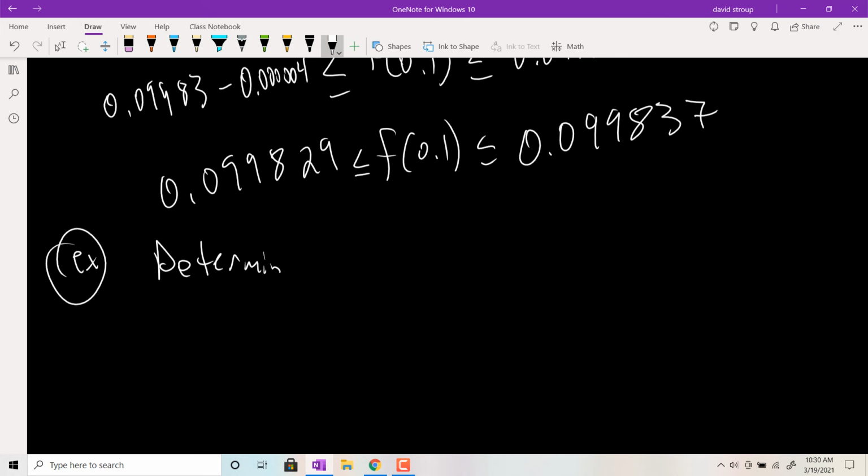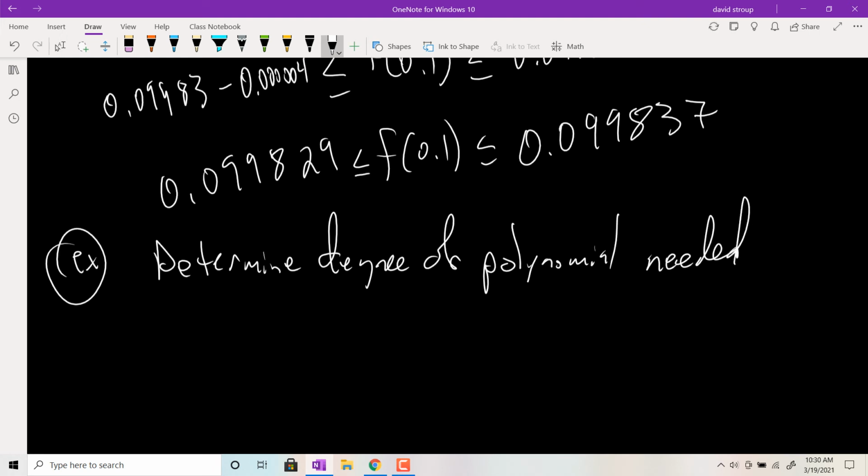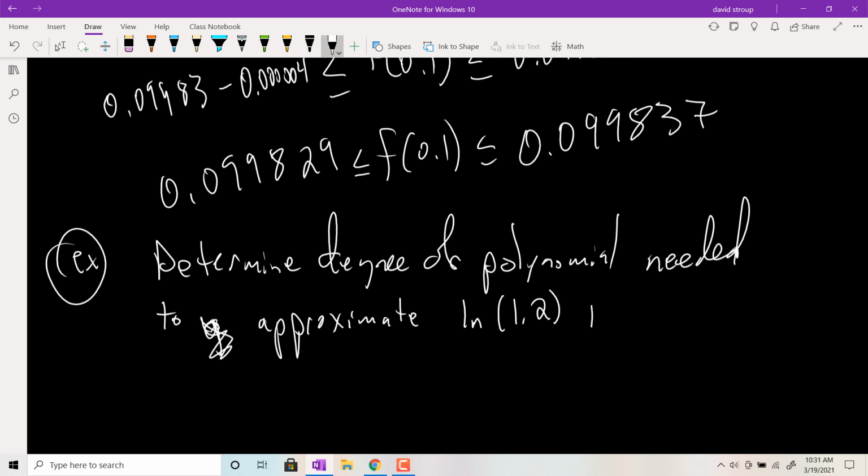Determine the degree of the polynomial needed to approximate ln of 1.2 to be less than this error of 0.001.